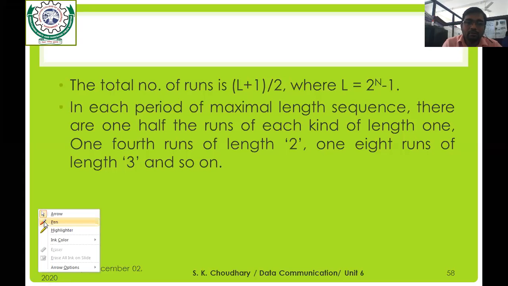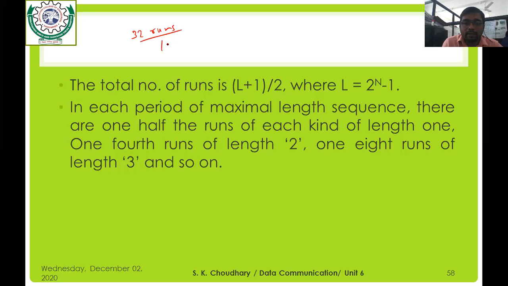Out of 32 runs, 16 runs are of length 1, and 1/4 of the runs are of length 2, meaning 8 runs of length 2. Similarly, 1/8 of the runs are of length 3, meaning 4 runs of length 3.